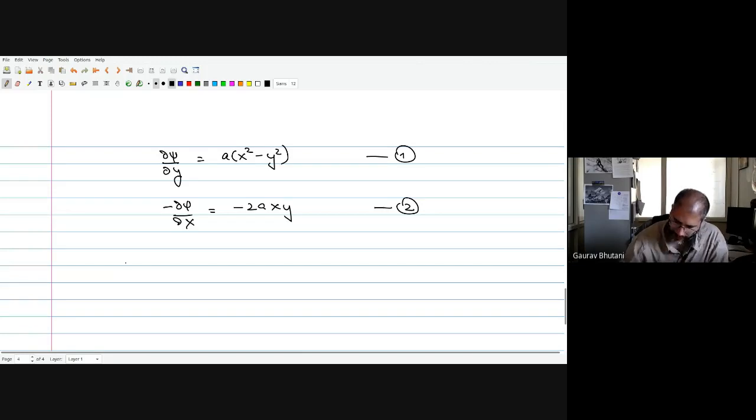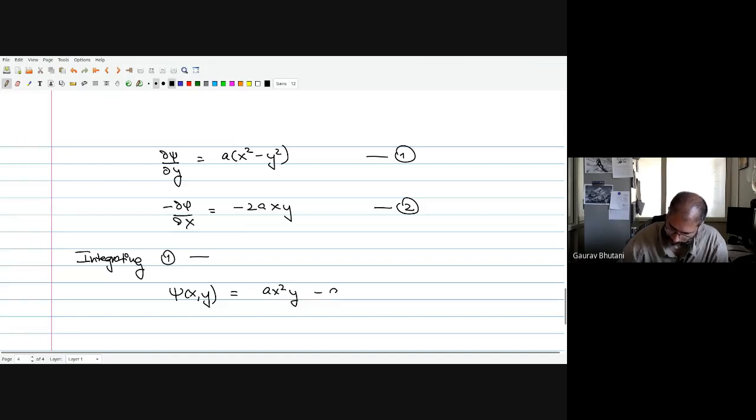So let's start integrating 1. I'm sure you have worked with these functions of multiple variables in your engineering mathematics course. So integrating 1, it's a partial derivative, so remember that. So psi becomes, the first term, x is simply a constant because it's a partial derivative, it becomes ax square y.